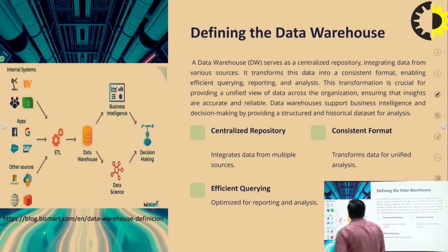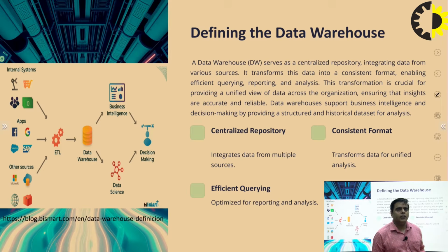Internal sources means a company having different departments, and the data comes from these different databases. The external sources may be social media apps like Facebook or Twitter. The third is other sources, where the data comes from the internet, or it may be on the same computing machine.